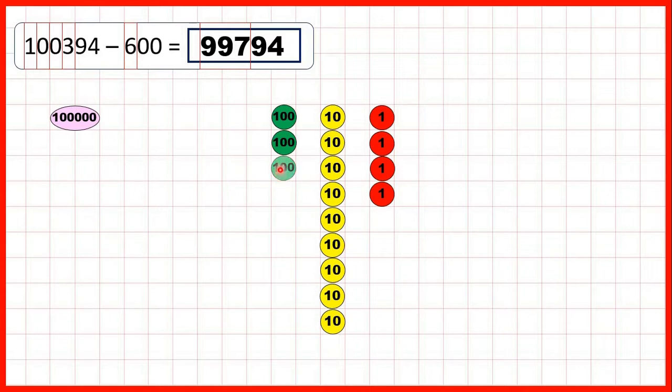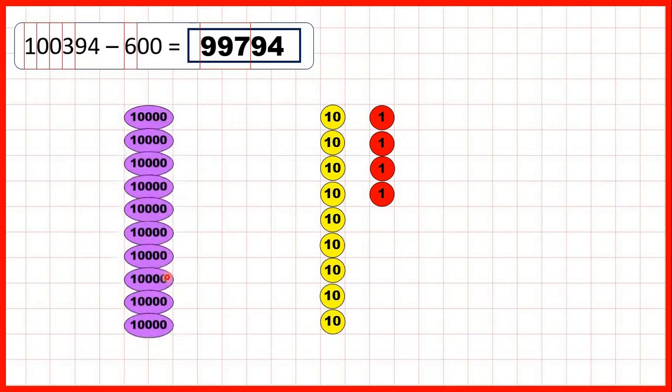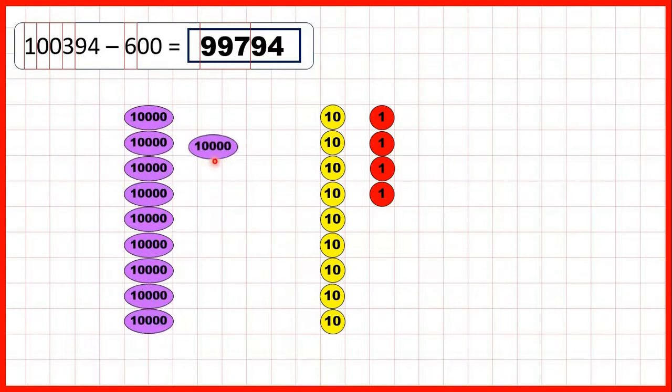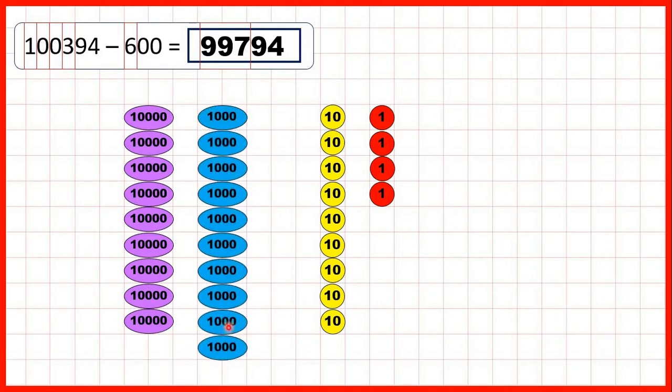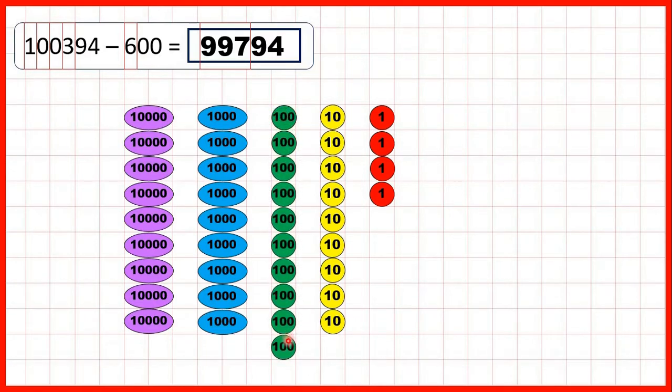We can subtract 1, 2, 3 hundreds, but then we need to exchange our 100,000 counter for 10 10,000s. Then we can take one of those 10,000s and exchange it for 10 thousands, and then take one of those thousands and exchange it for 10 hundreds.